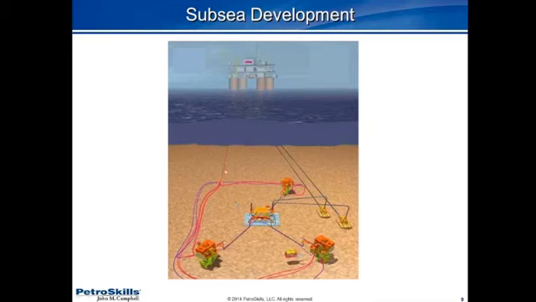Another key component of a subsea system is the control system. We can see an umbilical, which delivers energy and control and chemicals to the subsea system to control flow from the reservoir through the trees, through the manifold, back to the platform, and provides some feedback for the platform from the subsea system, including temperature and pressure, the reservoir in the tree, potentially valve locations, positions within the various systems.